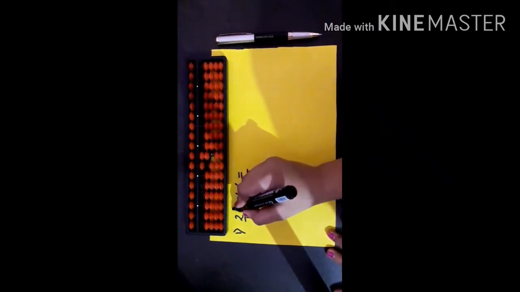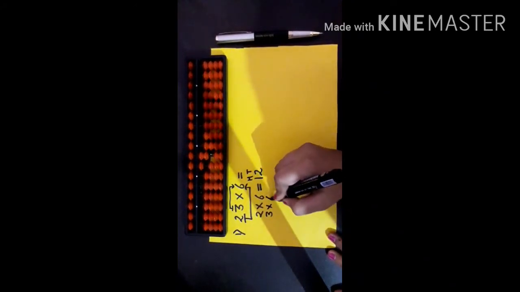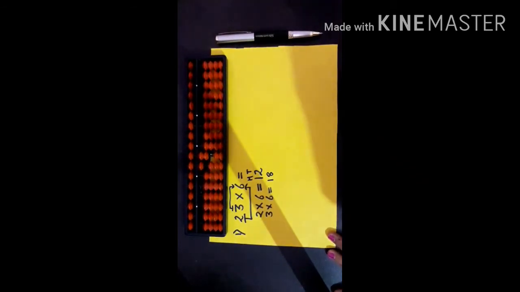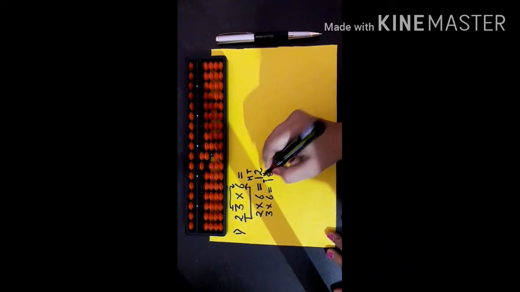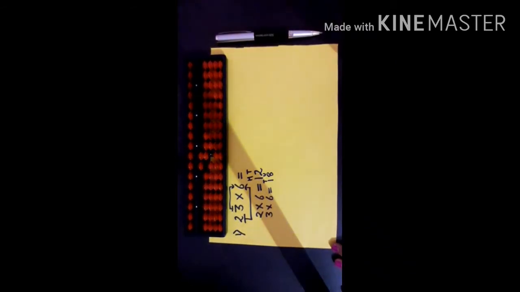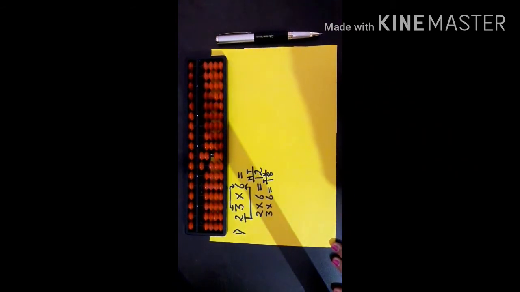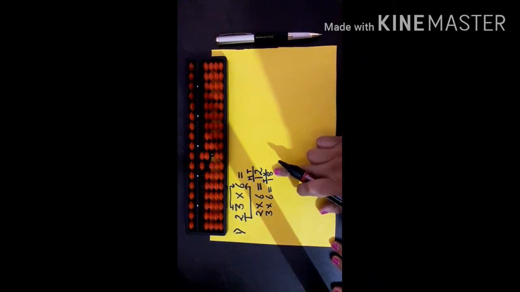Now multiply your next digit with 6. 6 threes are 18. Now your first number goes in the tens rod and the second number in the units rod. Remember students, this you have to remember. First number in tens rod, second number in units rod.